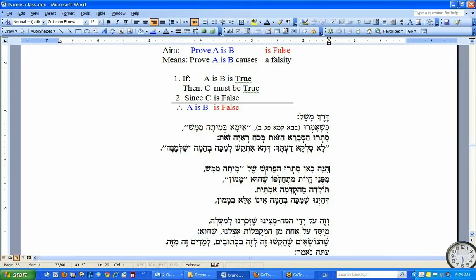Hine kan sasru perish sel misa mamish, we destroyed the statement that says you have to do direct retribution, eye for eye, tooth for tooth. Nipnehi yos mischalfo shehu mamon, because a variant of misa, which is paying money, is the tolada of a hagdama mu'medis. It's the result of a true premise. Nahainu, shemaka behema eno elabamam.